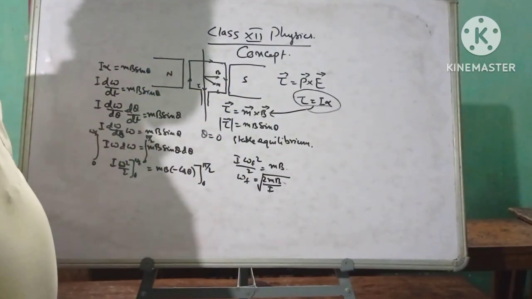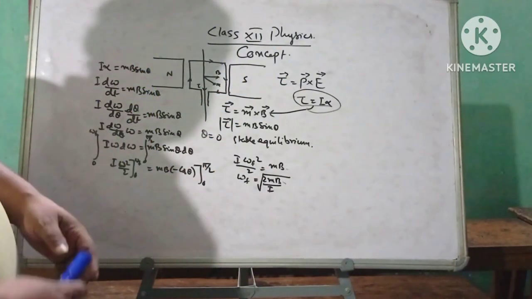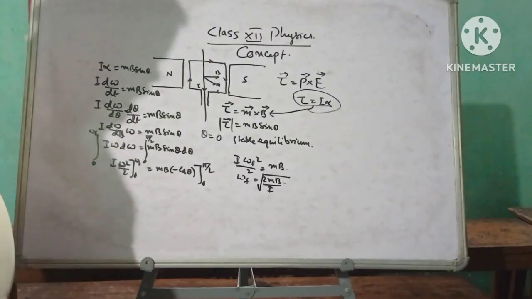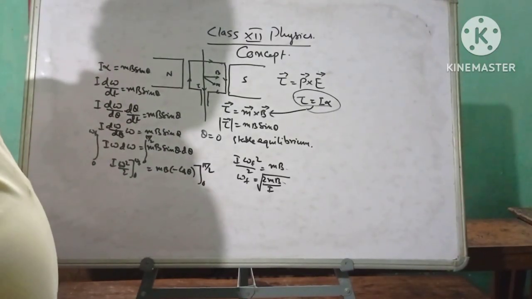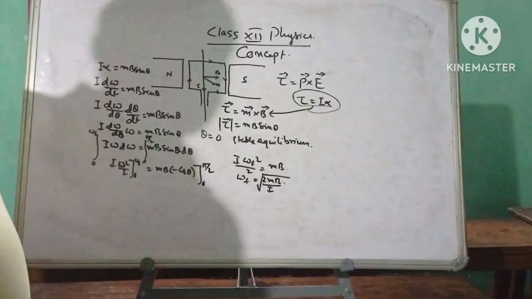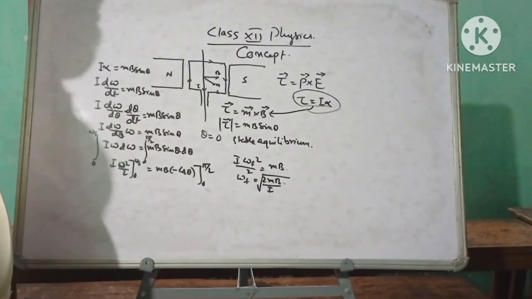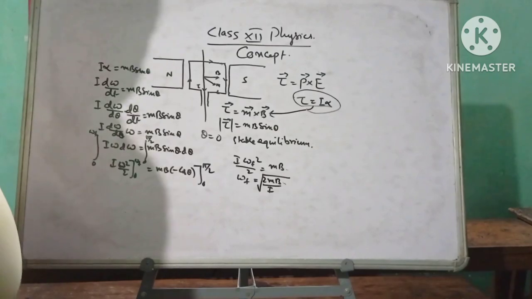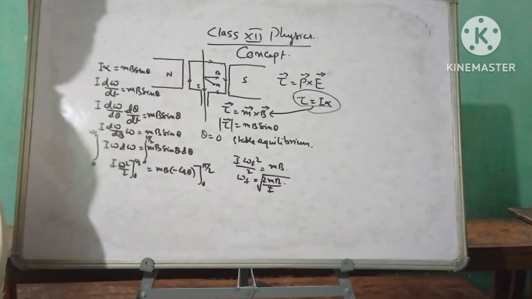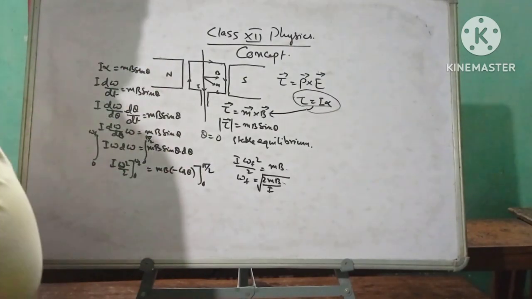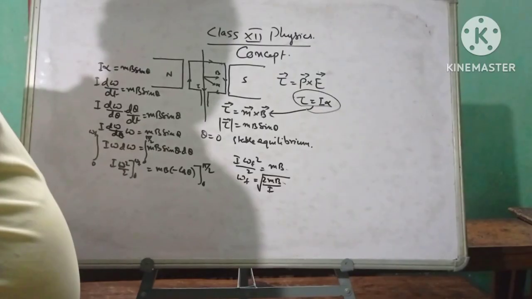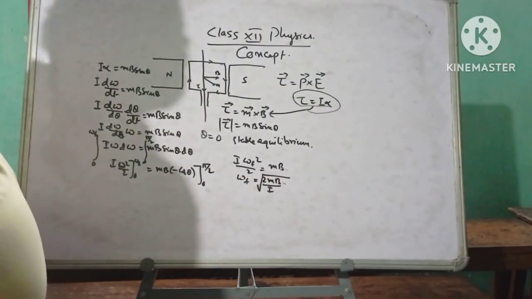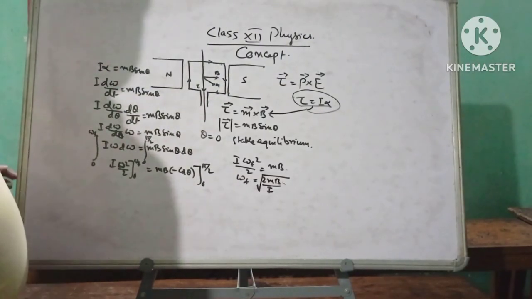So here you get this equation. Such types of questions are asked in your competitive examination, or may also be asked in your board examination. So when theta is equal to 0, that means the coil is parallel to the magnetic field, then it is in stable equilibrium.